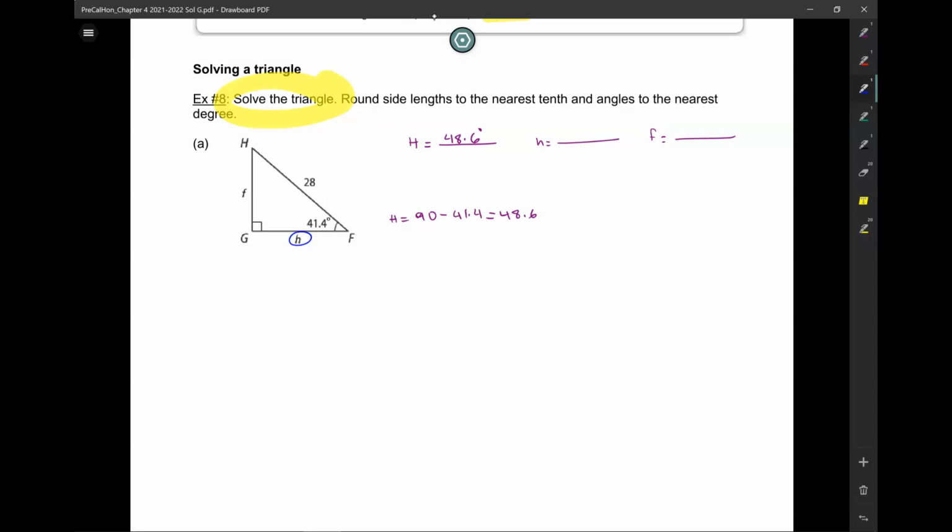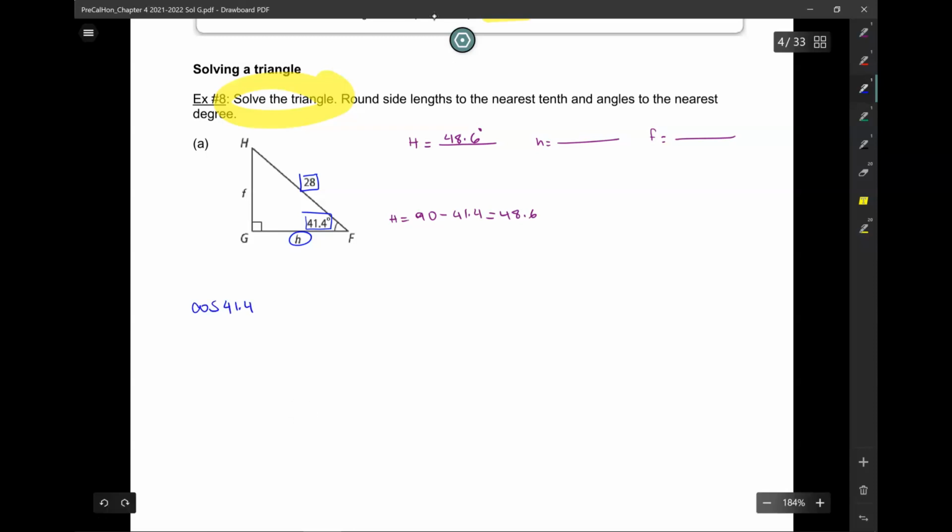Let's see what we have given. I'm given an angle. I like to work with information they've given me in case I made a mistake. Sometimes you have no choice, but when you do, you might as well. So I need to find h. I'm given that angle, and I'm given this side, 28. So this is the hypotenuse, and this is which side? The adjacent side. So this is which ratio? Cosine.